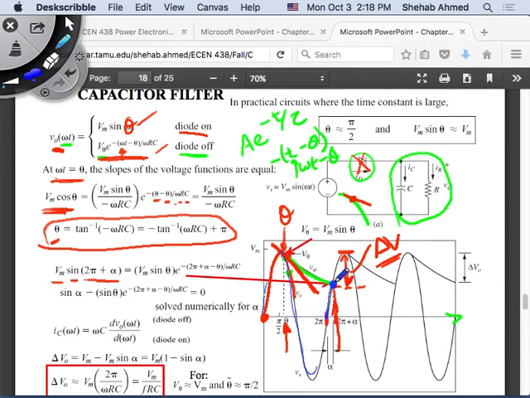So if I equate Vmax sine 2 pi plus alpha with my equation for the exponential, then I have an equation that includes alpha and theta and omega and r and c, etc. All of my parameters.